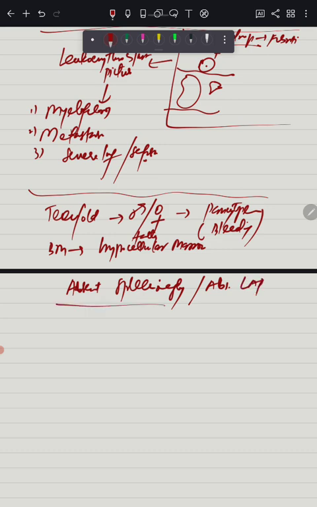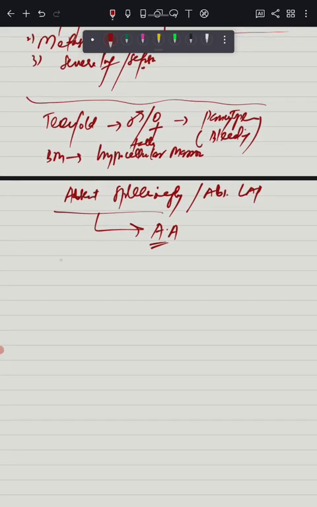So your mind should go towards aplastic anemia. And marrow cellularity less than 25% with less than or equal to 30% residual hematopoietic cells confirms diagnosis when it's associated with cytopenia.